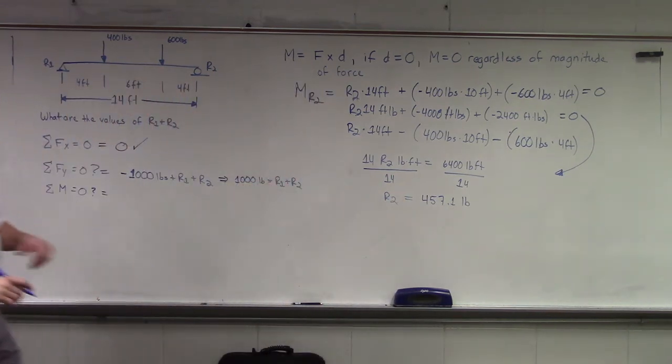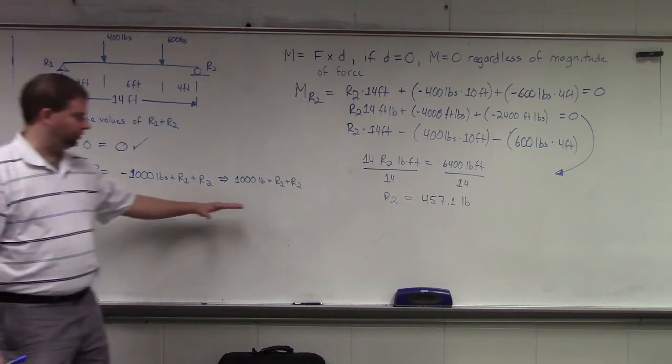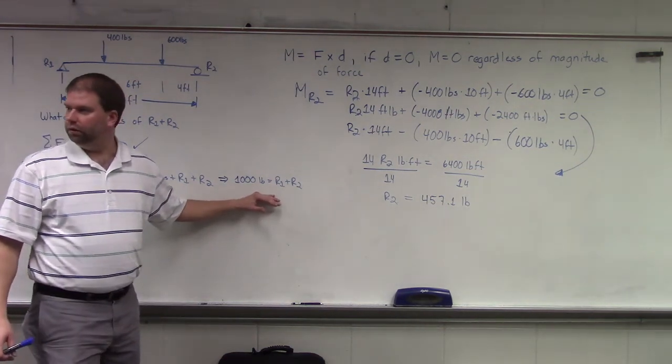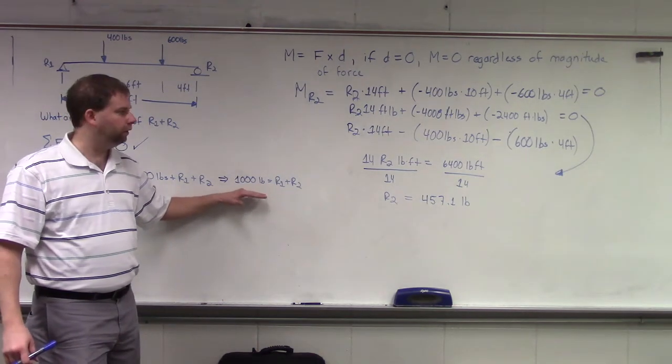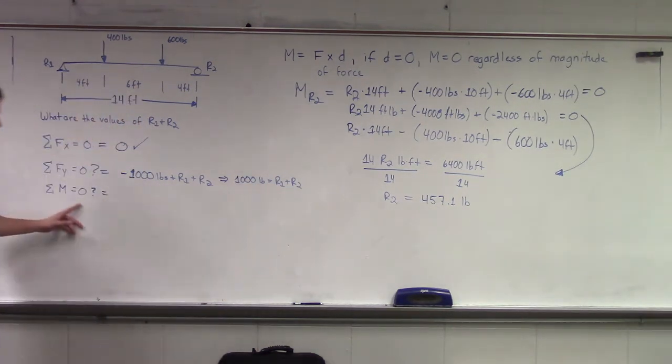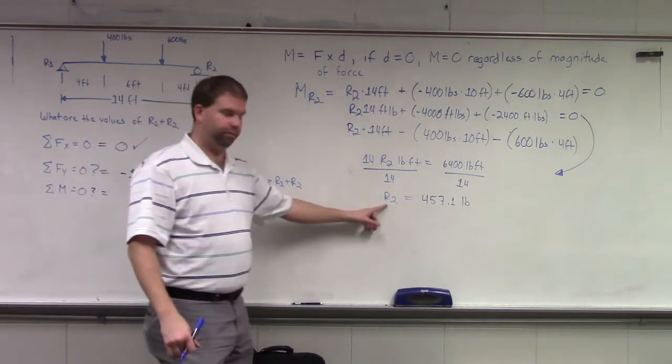So then, because now you make it 0, you just do 1,000 minus 457.1 to get R1. Yep, exactly right. So does everybody follow what Terry said? Remember that we started, our forces in the y direction, we had 2 unknowns. We use this condition to determine R2.